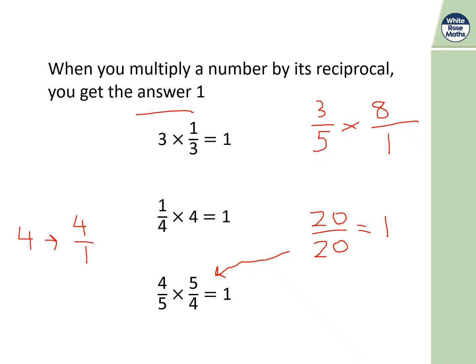Dividing by 1 doesn't change your answer. So you do top by top, bottom by bottom. You get 24 over 5, or 24/5. So multiply by an integer, write that integer over 1, or that whole number over 1 if you're unsure.